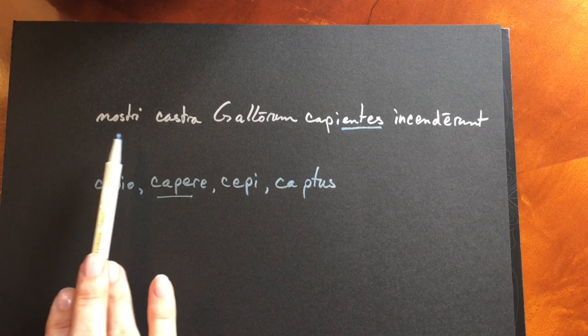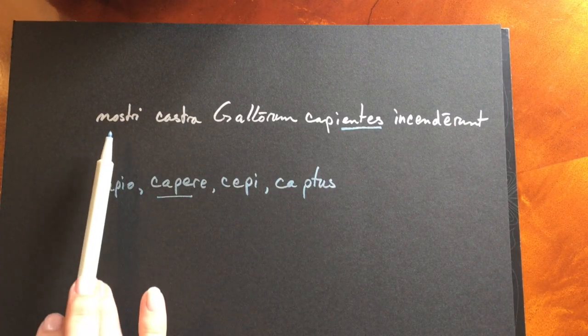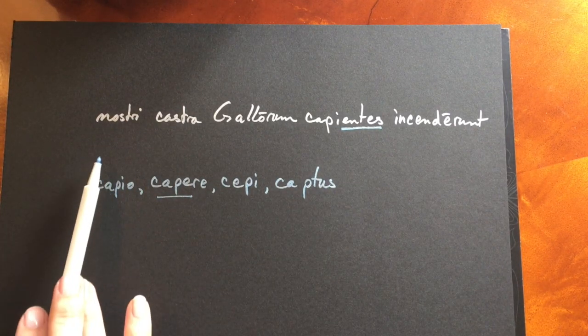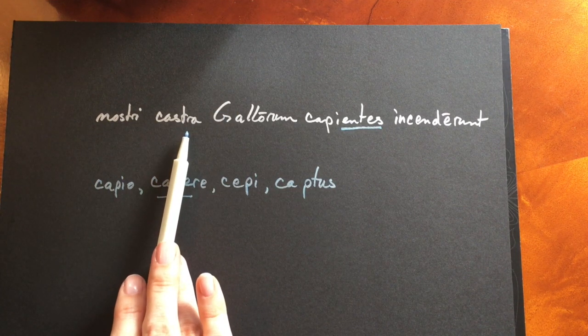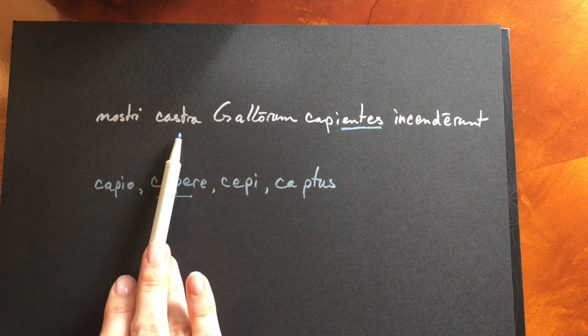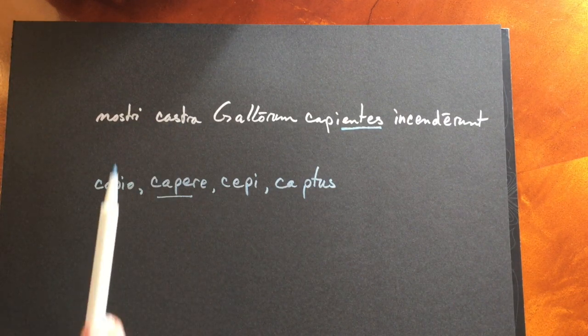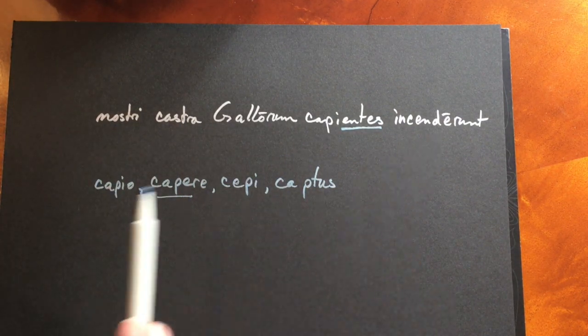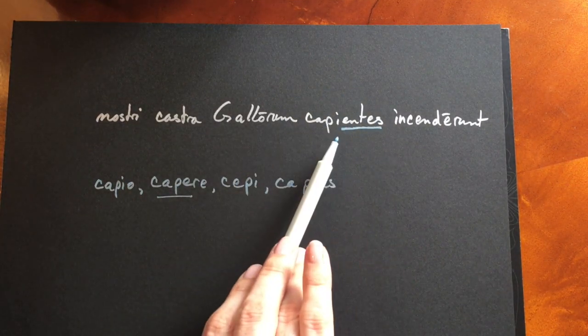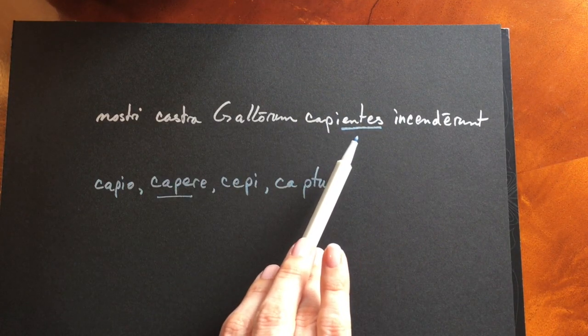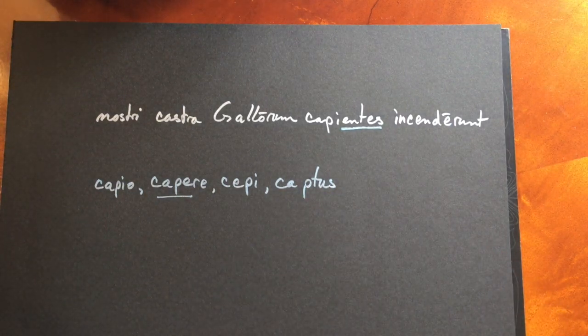So remember, an active is when the subject is doing the action. If it's the object, as we had in the passive participles, the action is happening to the camp. The men burned the camp of the Gauls at the same time, because it's a present participle, that they captured it.